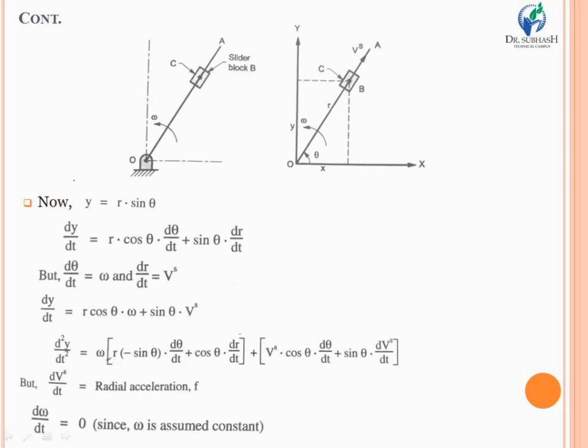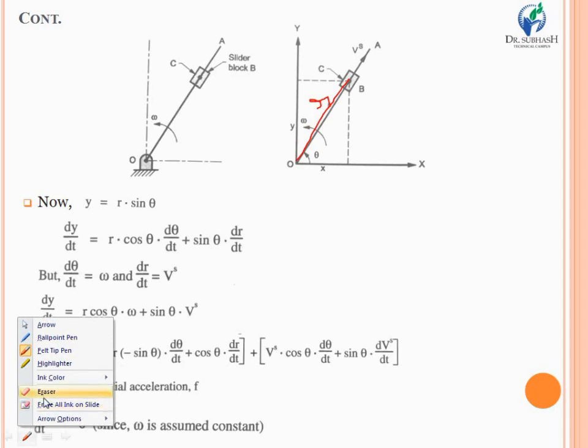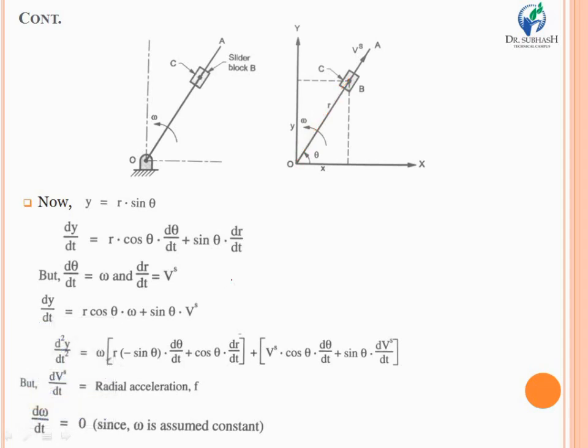Now we can write that OB is equal to OC, because C and B are coincident with each other, and that becomes the radius about which the link is rotating.